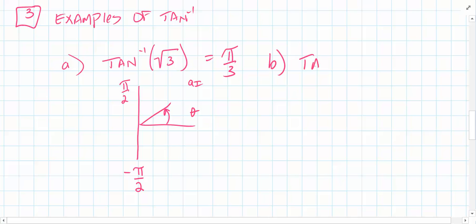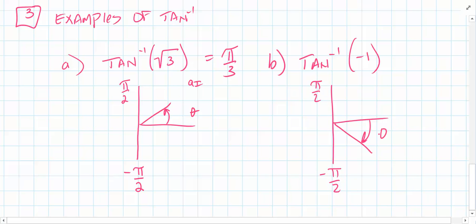Try this one. Tangent inverse of negative 1. So what are we looking for? Negative pi over 2 to positive pi over 2. We're looking for the angle. A lot of you are going to say 7 pi over 4, and I'm going to say that's not right because you want negative pi over 4. Look how I drew this angle, you guys.